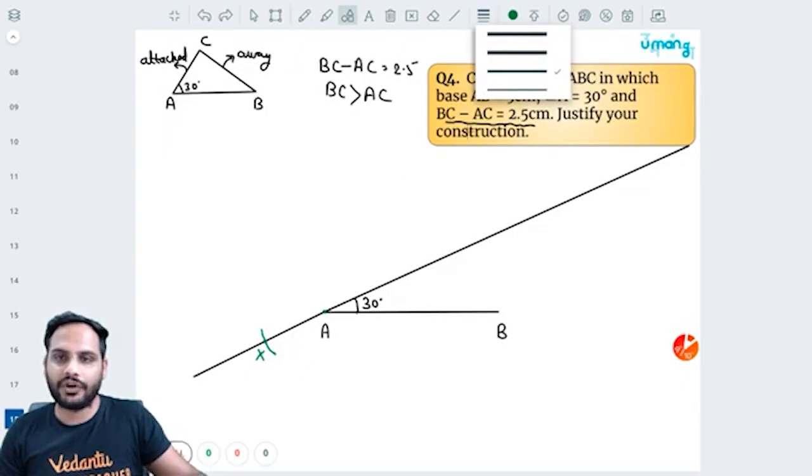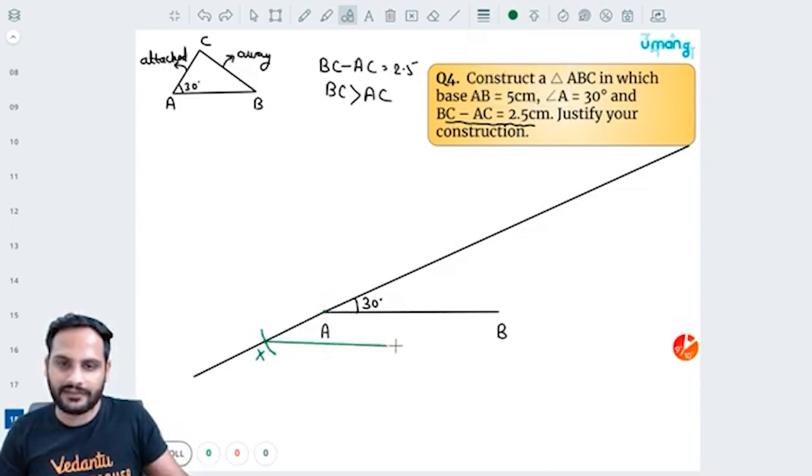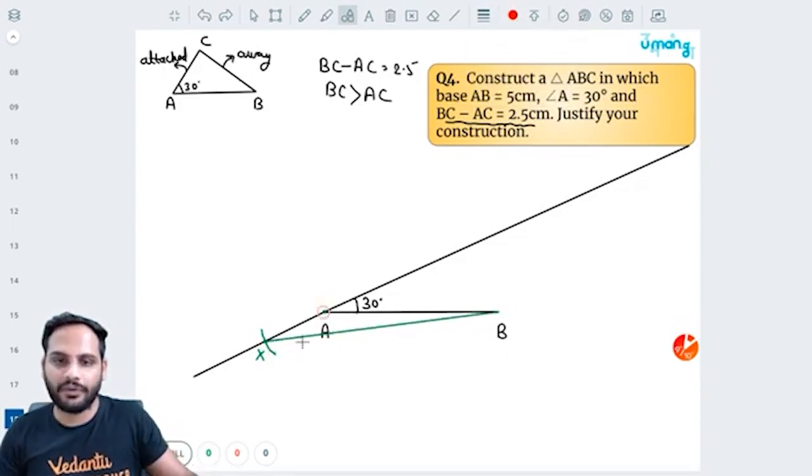After that, you will join this point X with B. You have got XB. The next step is drawing the perpendicular bisector. So keep the tip of the compass over here, open it more than half. One cut at the top, one cut at the bottom.